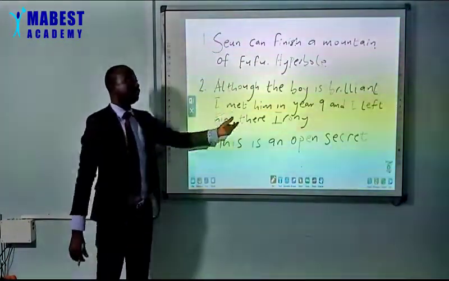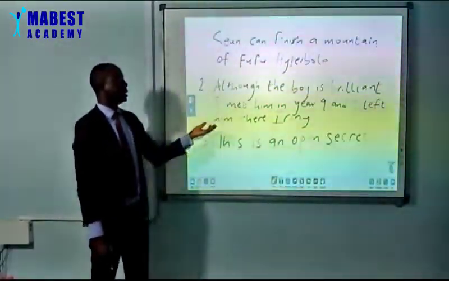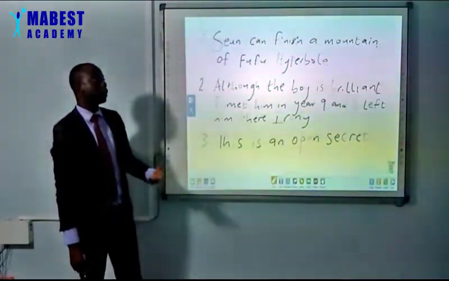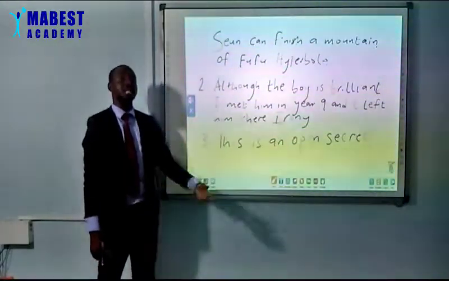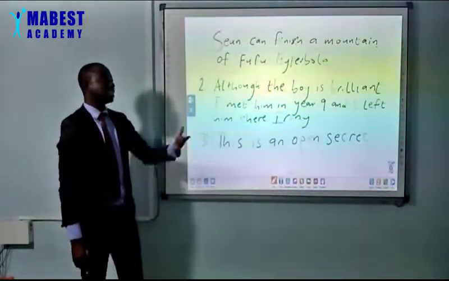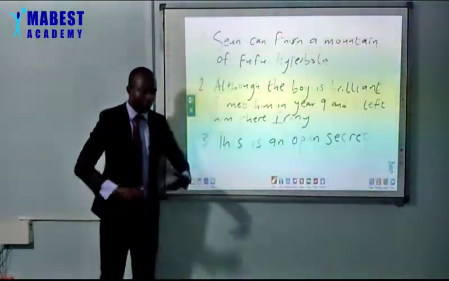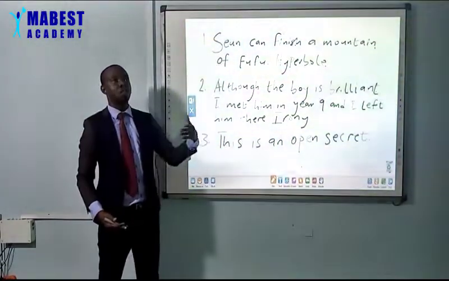Because you are putting fact in an opposite form. What the writer is saying here is that the boy is dull. Of course, it's not possible for someone who is very brilliant to spend 2 or 3 years in the class. So ironically, what the writer is saying is that the boy is dull. So irony simply means that you are putting fact in an opposite form.